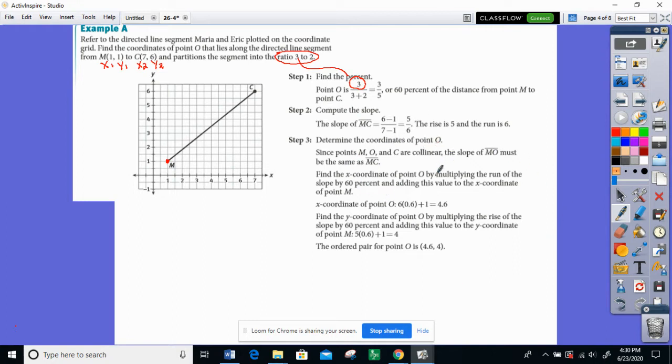So what's our beginning x coordinate? It's 1. We're adding 60% of the run, 6. So that gives us an x coordinate of 4.6.